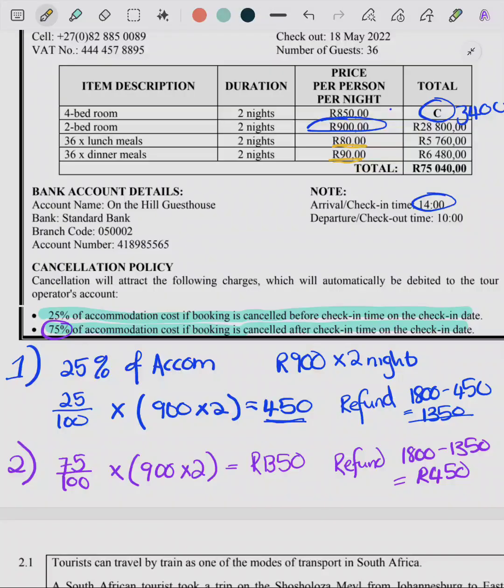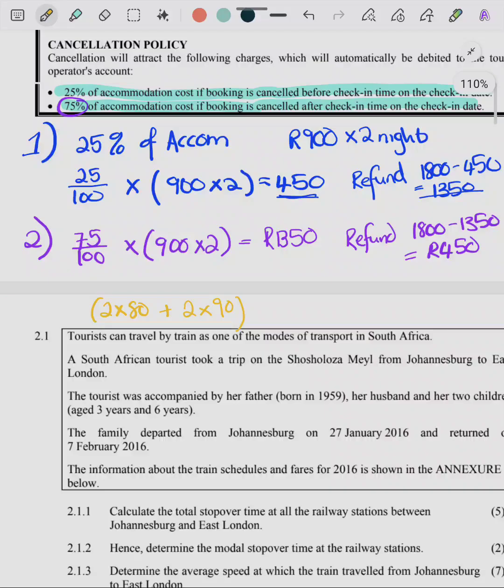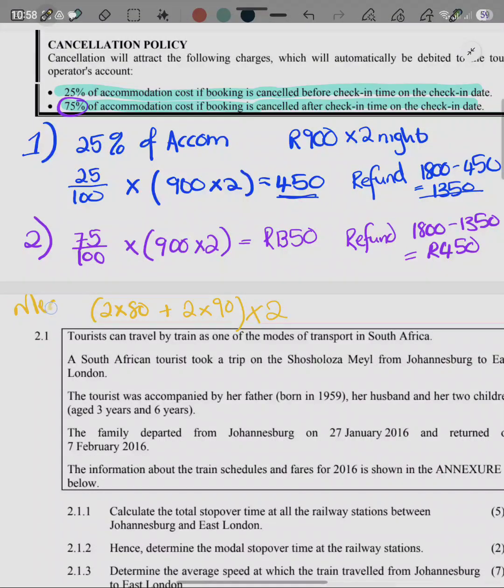So their booking was for 2 days, so we can say 2 times the lunch meals, 2 times 80, and then we also need to say 2 times 90, so that's for 1 person, and there are 2 of them, so we're going to multiply that by the 2 people as well. So this is now the meals, and that will give us 680.